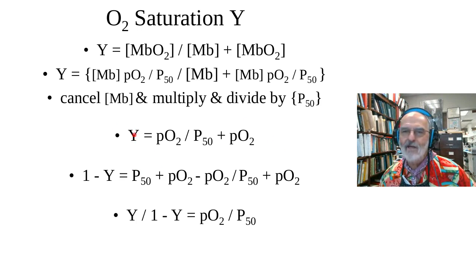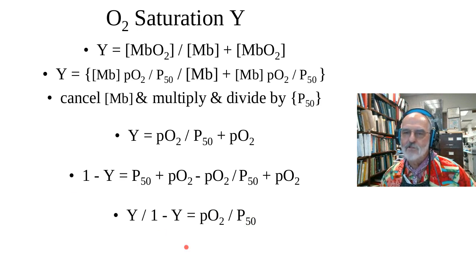Y, fractional saturation, looks like this. And then we can do 1 minus Y, fractional unsaturated, looks like this, okay? And then you can make this Y over 1 minus Y function, and this is what it looks like. It ends up being the partial pressure of oxygen over the KD in millimeters of mercury, okay?